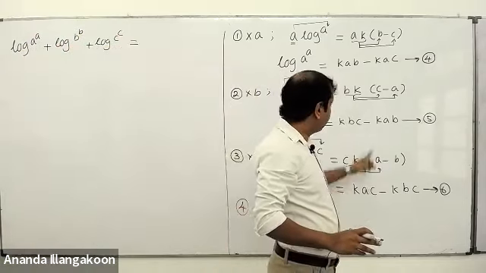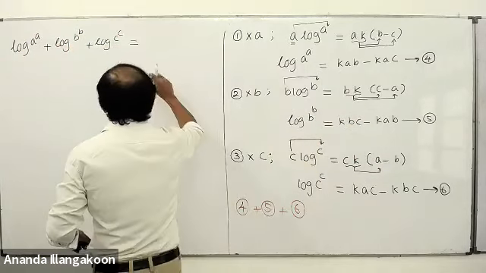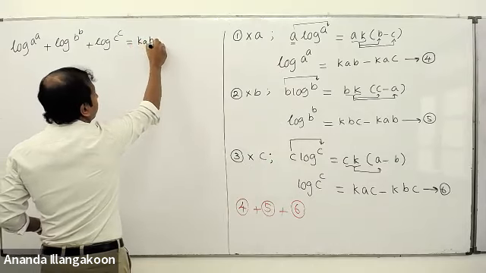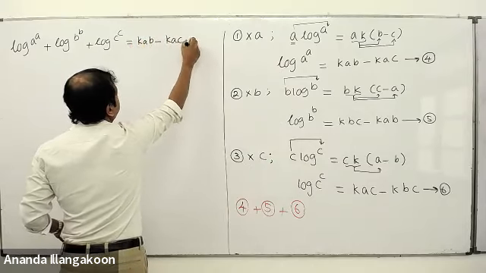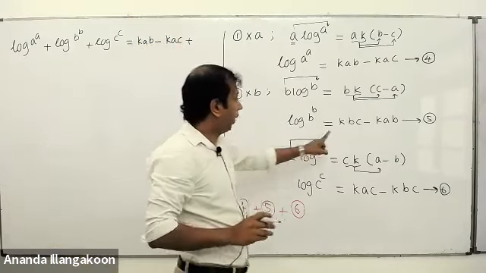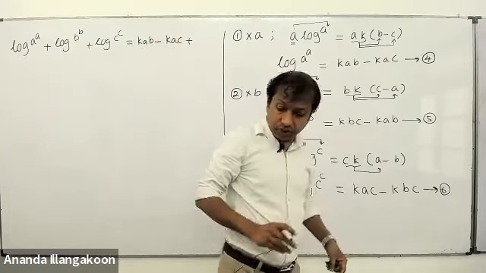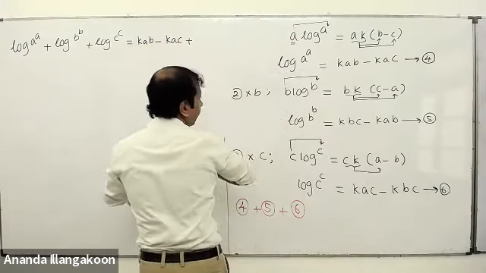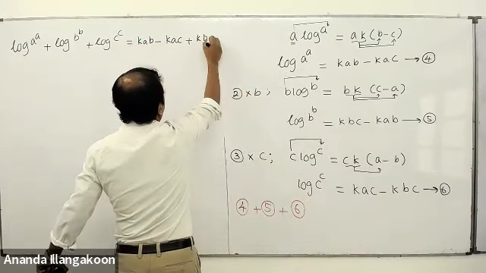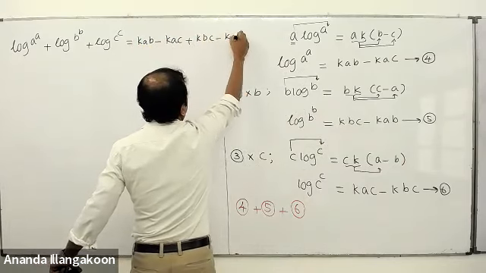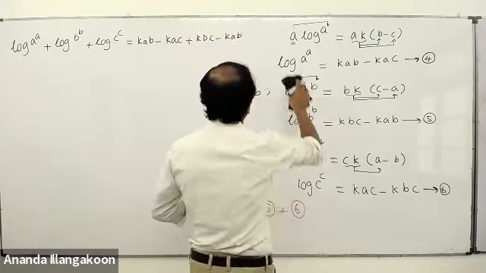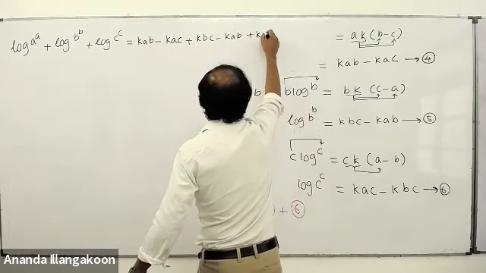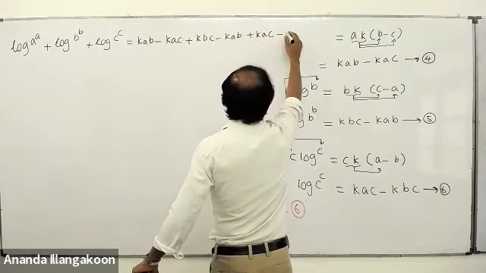These three we have to write: kab minus kac, and this kbc minus kab, plus kac minus kbc.